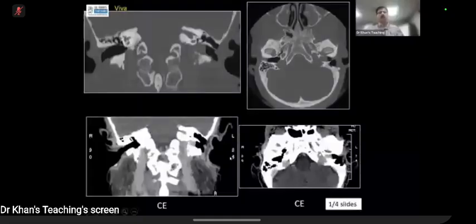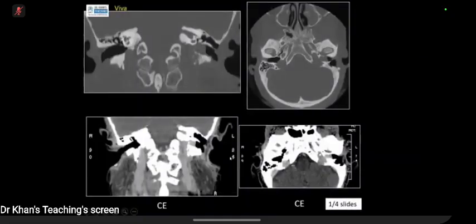Over to you. Okay, there are multiple still images of the base of the skull. In coronal and axial, there is bony erosion of the jugular foramen, and there is an enhancing soft tissue mass seen within it.